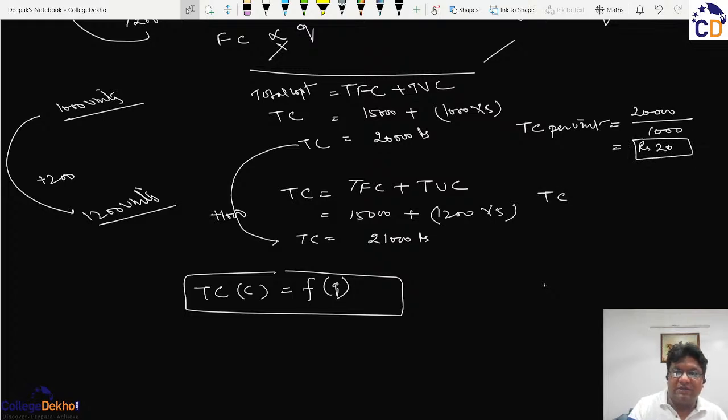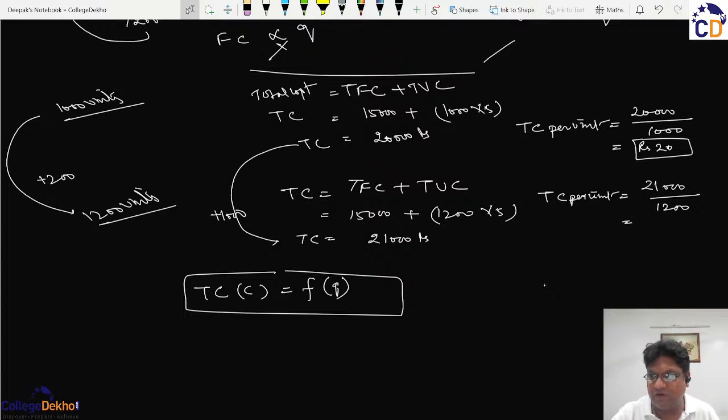But the total cost per unit here will be 21,000 upon 1200, and if I calculate it correctly, this figure comes out to be 17.5 rupees.